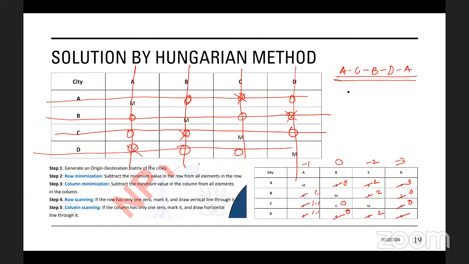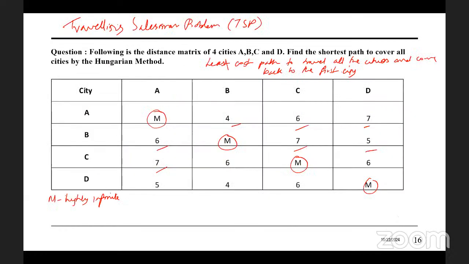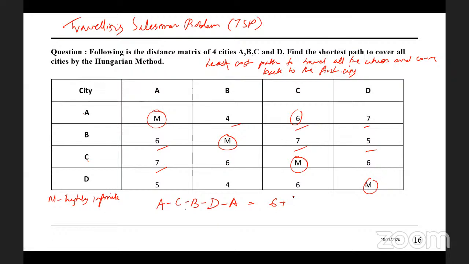So the least cost path will be A to C to B to D to A. So from A to C, what was the cost? We'll just write here A to C to B to D to A. The cost from A to C is 6. Then from C to B is 6 again.